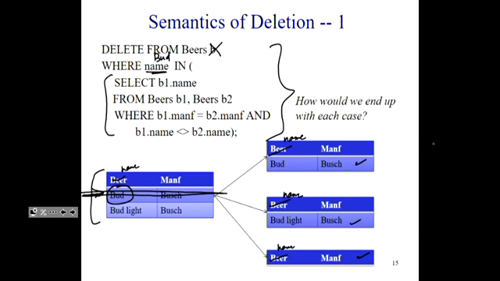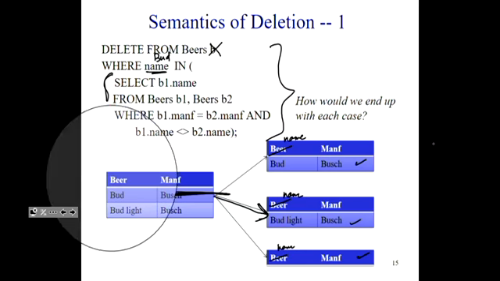Now I'm left with one tuple. That tuple, if you try to evaluate this subquery once again, you might end up realizing that there is no other beer that's made by the same manufacturer. So in that case, if you went ahead and deleted this tuple first, when you're evaluating the second tuple, you won't be able to delete that second tuple, and therefore you will end up in this eventual result.